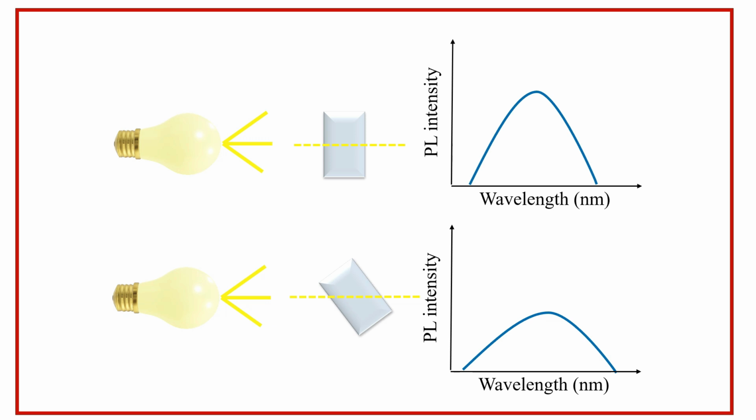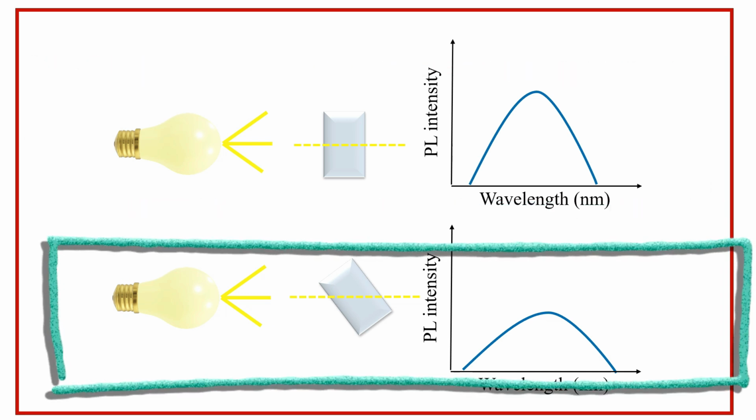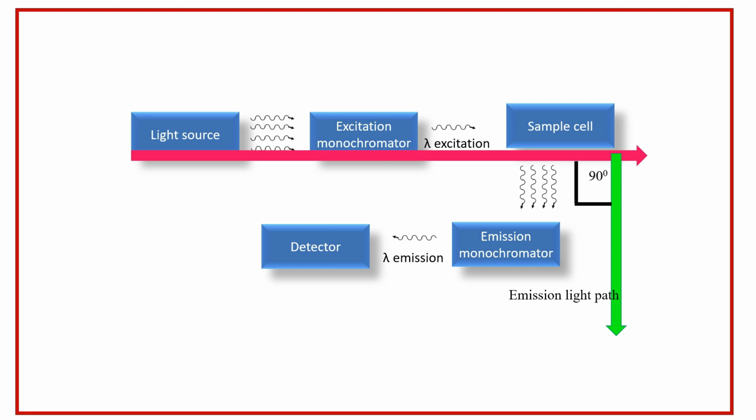First case, the sample is oriented in this way and the PL intensity is higher. Second case, the sample is placed in this way and it shows a reduced PL intensity. The best sample position is at a 45 degree angle. That is, the excitation to emission monochromator is 90 degrees, and in this 90 degree angle, around 45 degrees is the best position for sample placement.